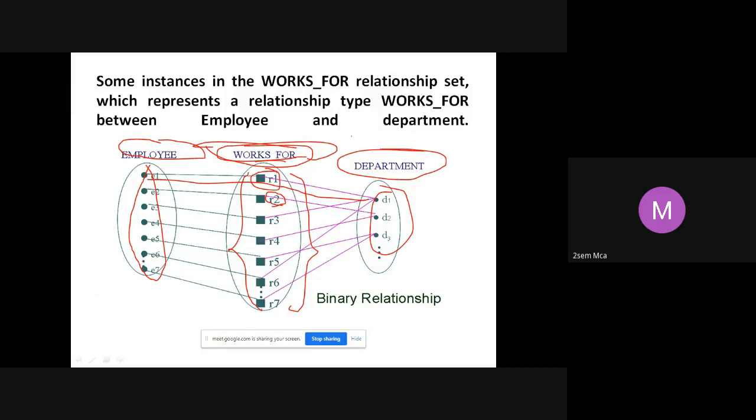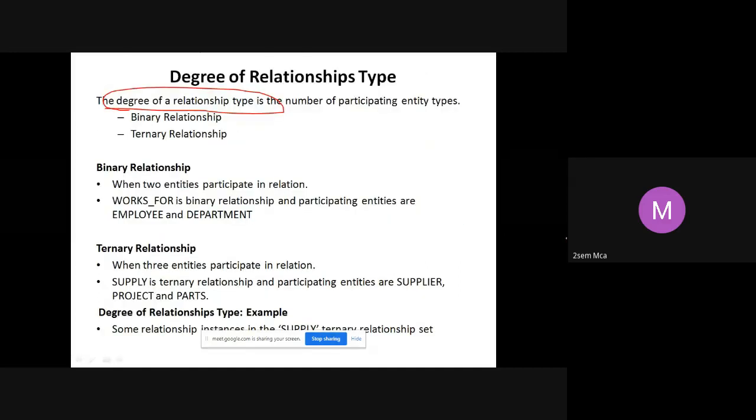So the degree of the relationship works for is 2, because there are 2 entities involved. That is what you call degree of a relationship: the number of participating entity types. How many entities are participating in that particular relationship?